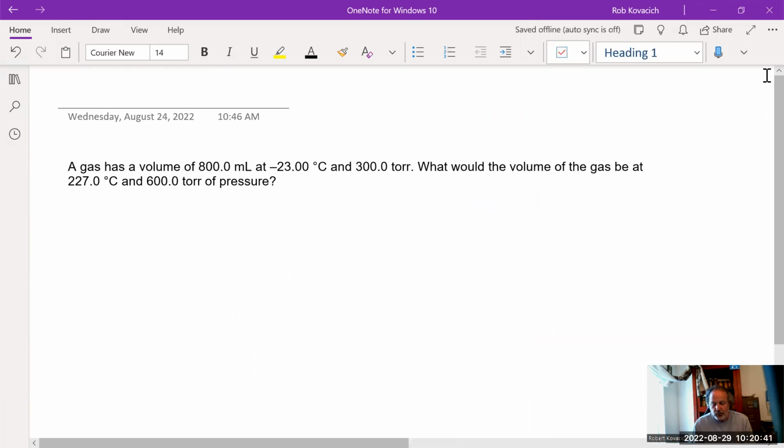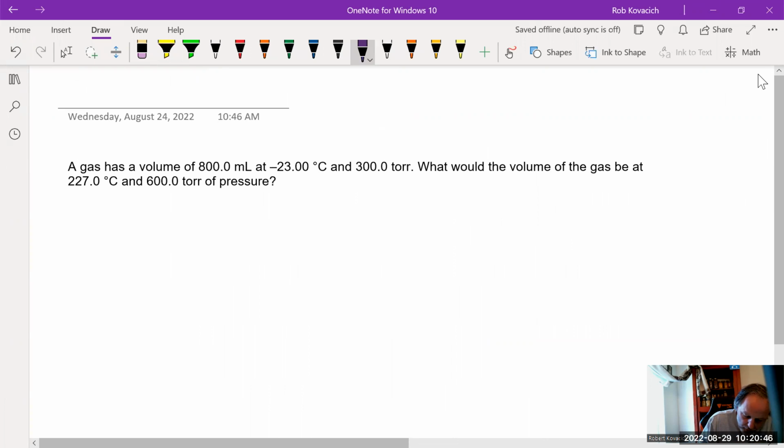All right, so we've got lots of stuff here. We've got a volume. So these are the things we're given. We have this volume, we have this temperature, and we have this pressure, and we have a new temperature, and we have a new pressure. And so the first thing I want you to focus on is, what are you looking for?